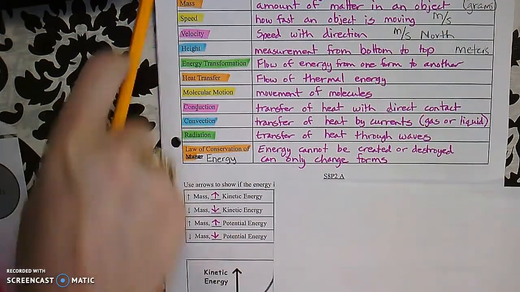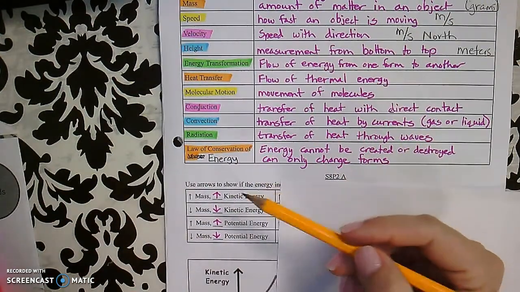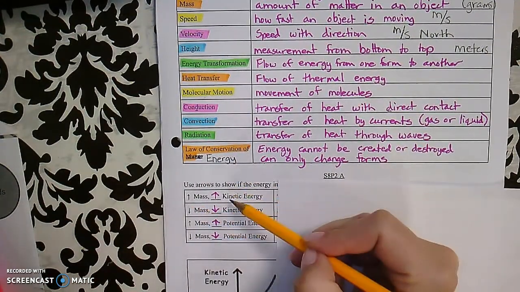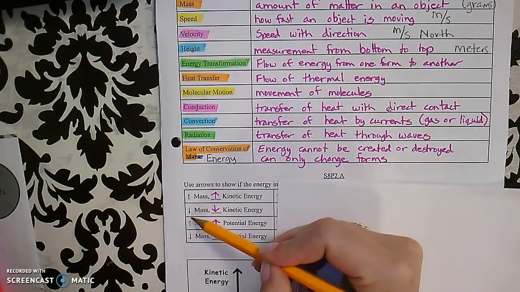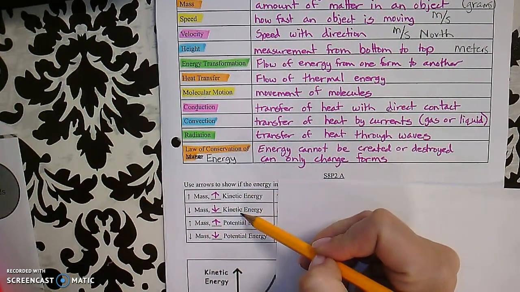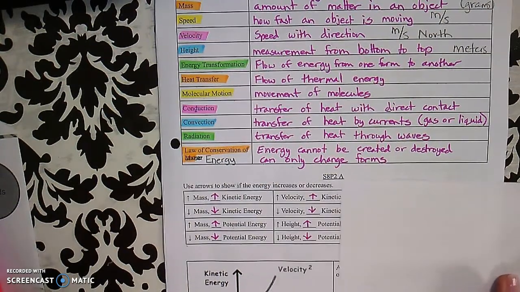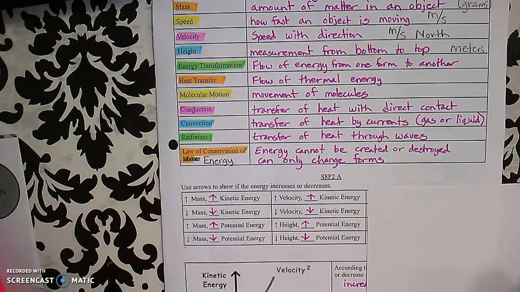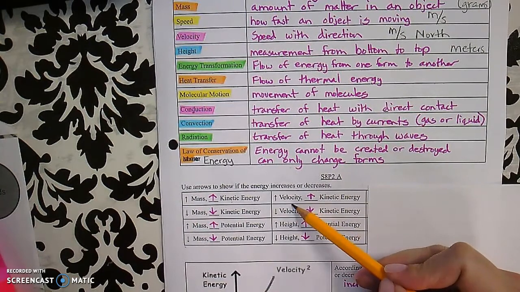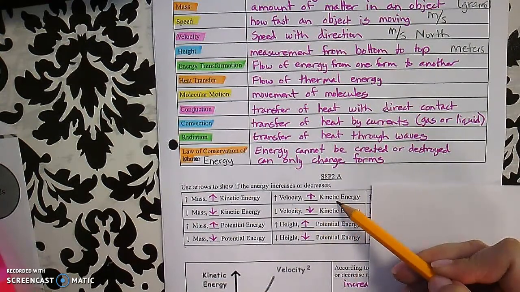All right, so checking through these, this first section, if mass increases, kinetic energy increases. If mass decreases, kinetic energy decreases. If mass increases, potential energy increases. If mass decreases, potential energy decreases. For this next section, if velocity increases, kinetic energy increases.